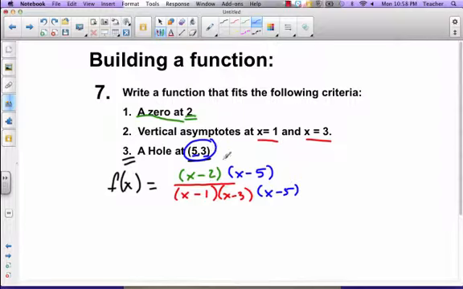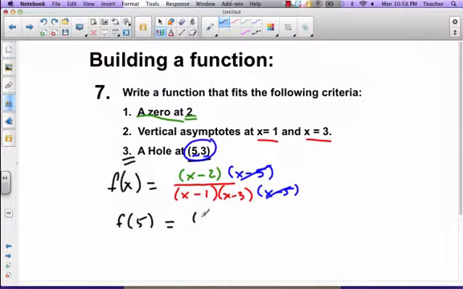And here's our process. The first thing we'll do is actually go backwards. We'll rewrite this in a second. We divide out our holes, and we're going to find the answer to f of 5. So we put in 5. This is after we divided out the hole. So it looks like the following.